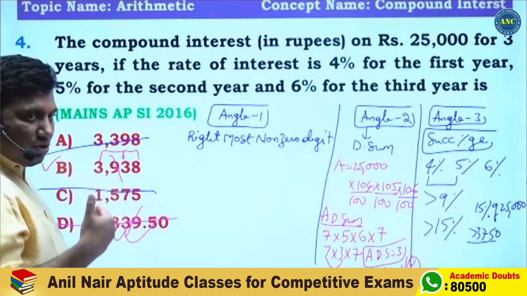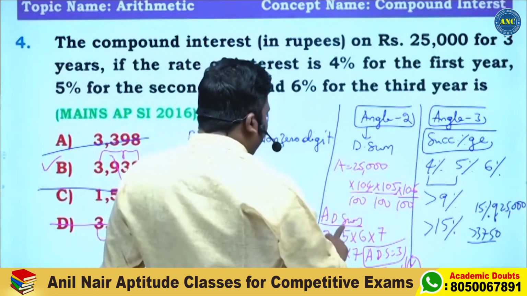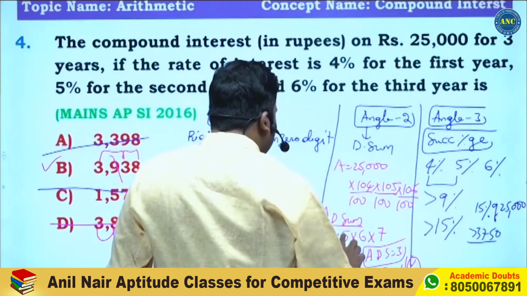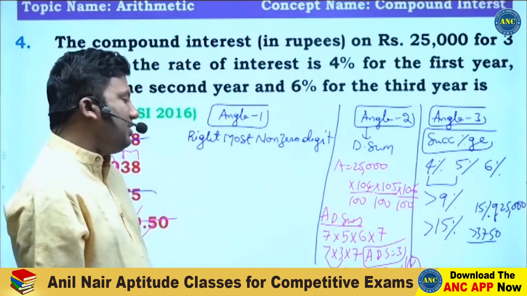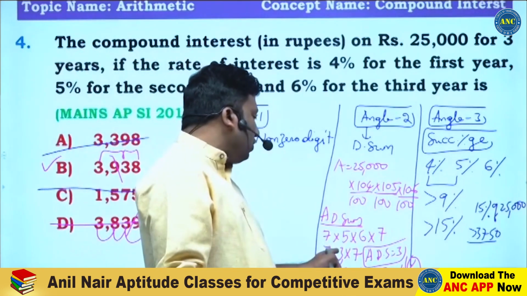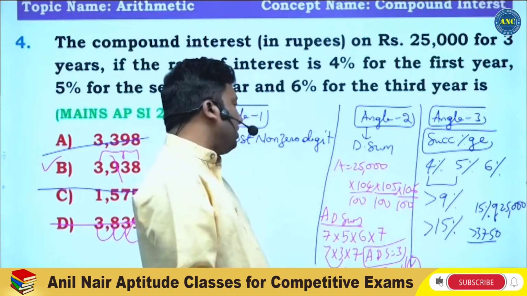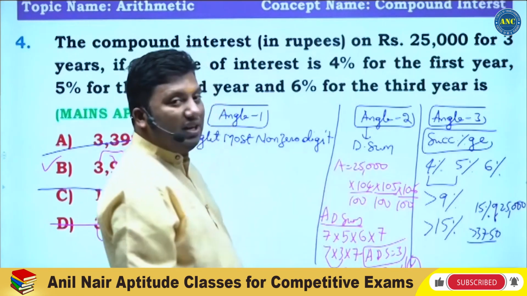Using the digital sum concept: 25,000 is 7, 104 is 5, 105 is 6, 106 is 7. 6 5s are 30, digital sum 3. 3 7s are 21, 2 plus 1 is 3. Amount digital sum is 3, principal digital sum is 7.